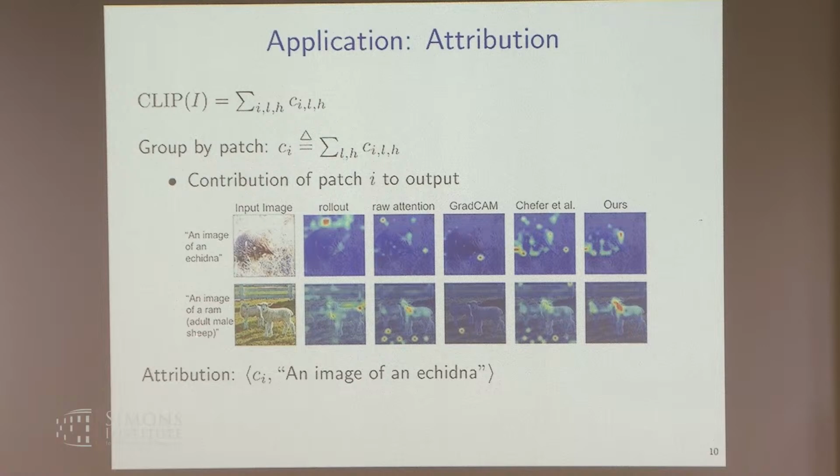So if we say an image of a ram, or adult male sheep, this actually outlines the sheep reasonably well. Lots of other attribution methods that were in the literature before do a much worse job at this.